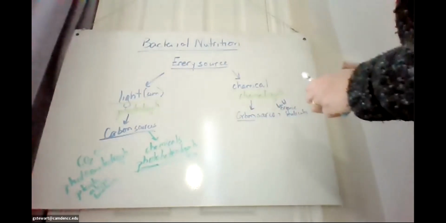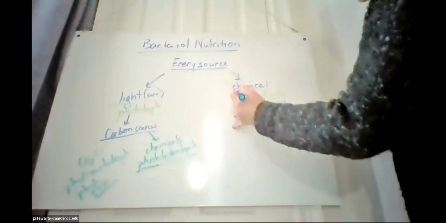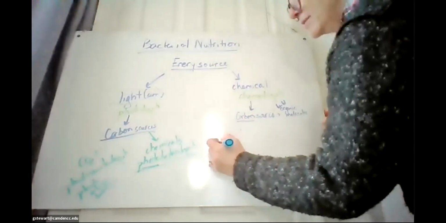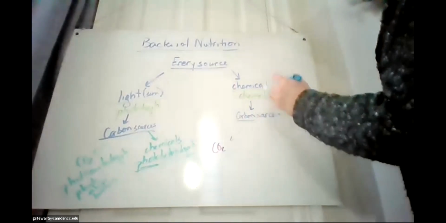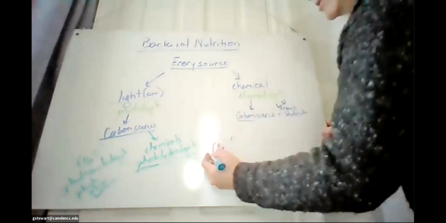Over on this side, we're using chemicals for our energy source. And again, believe it or not, there are some organisms that use chemicals for their energy source, but carbon dioxide for their carbon source.